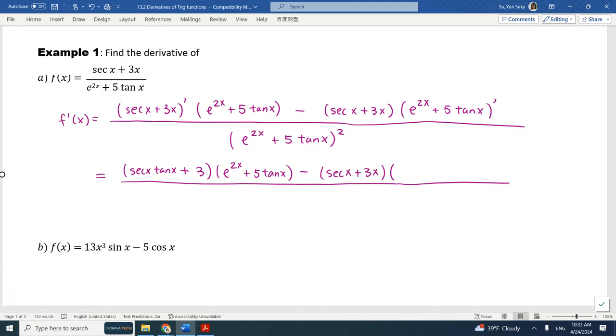What is the derivative of e to the 2x? What is that? Oh, that is not the natural log.